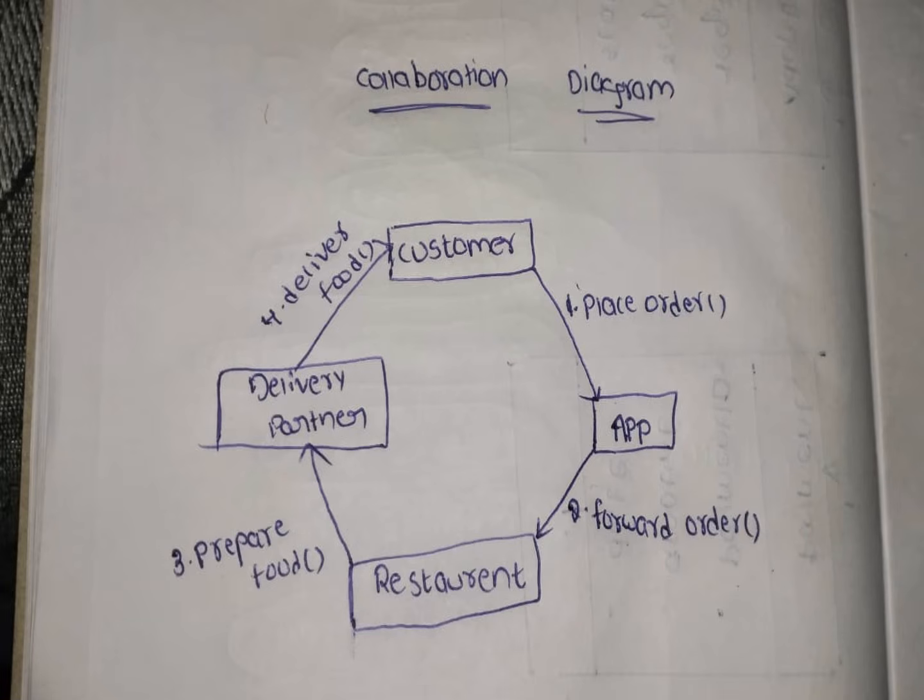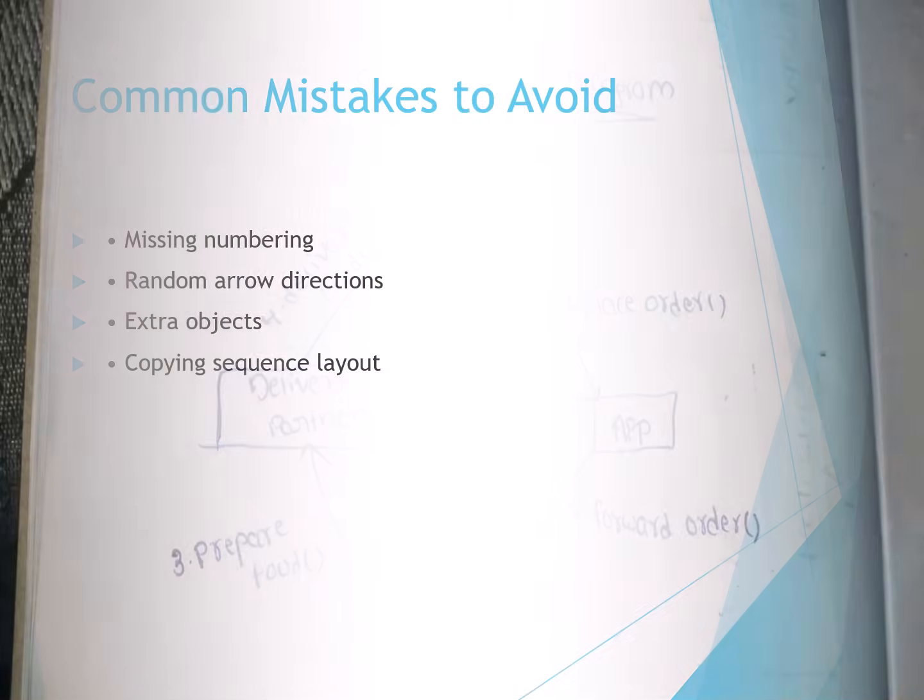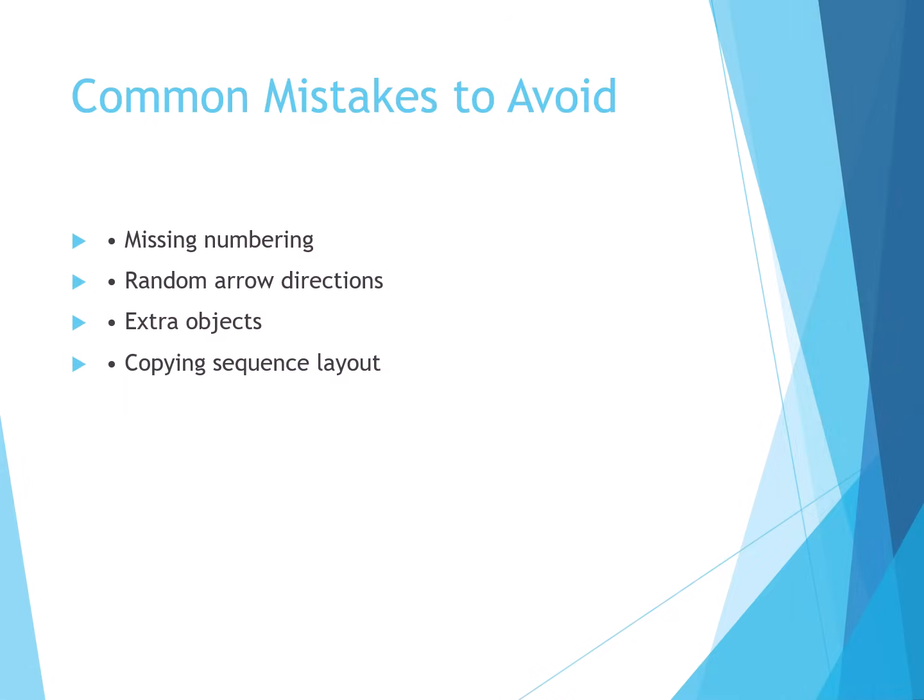Now let us discuss the common mistakes students make in their exams. Let's fix what most students do wrong. Missing message numbering, which plays a critical role in a collaboration diagram. Random arrow directions, whereas arrow directions show where the message is passing from one place to another.